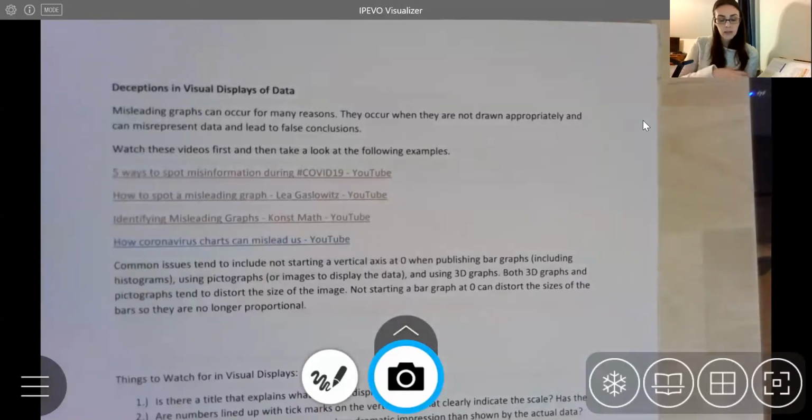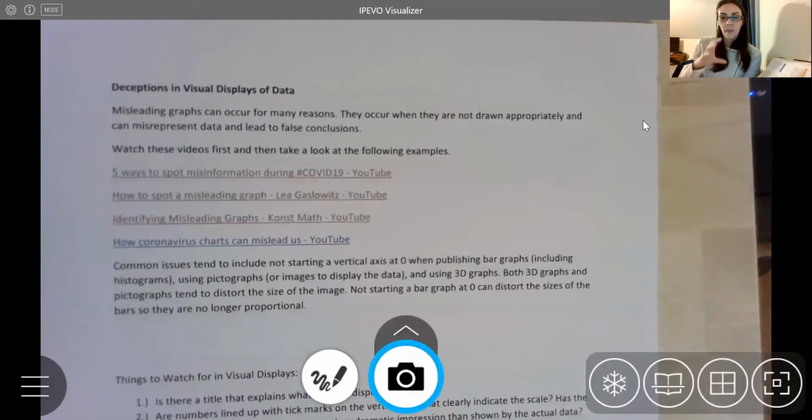And I'll show you some things from your book. Things to watch out for are if graphs are missing titles, if they're missing labels, or if your axes are not consistent. So maybe your x-axis is jumping from 1, 2, 3, then it goes to 10, and then to 12, and then to 15, and so on. So it's inconsistent. On your y-axis, I know I mentioned this briefly, but with histograms, you need to make sure that the y-axis starts at 0.